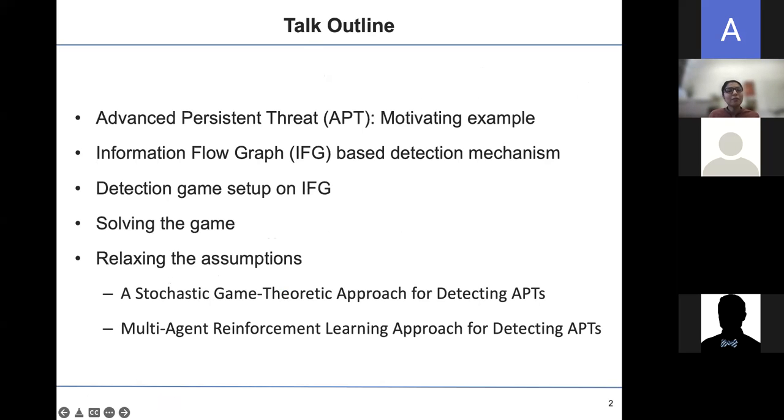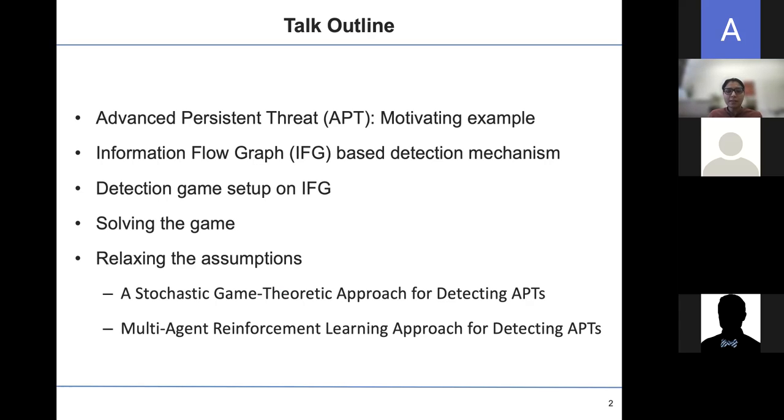So the outline for today's talk is, first, I will introduce what is an advanced persistent threat, with a motivating example. And then I will be talking about an information flow graph-based detection mechanism for detecting APTs. That's what we will call an advanced persistent threat, an APT. And then we will set up a game for detecting this APT on this information flow graph.